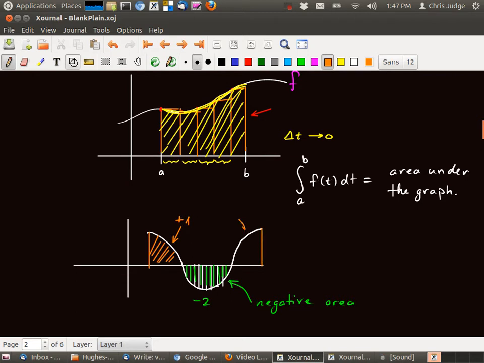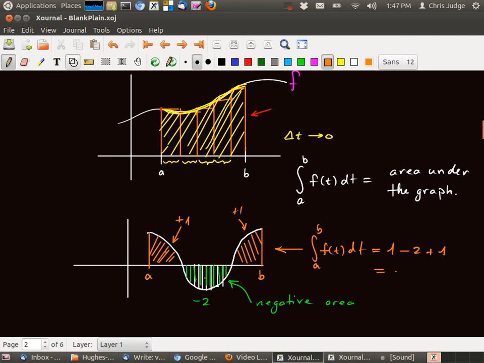This area might also be plus 1. Okay, I'm just giving arbitrary values. This plus 1, maybe this is minus 2, maybe plus 1. But whatever they are, the point is that the total integral, the integral from a to b of f of t dt, if this is a, this is b, is going to be 1 minus 2 plus 1.